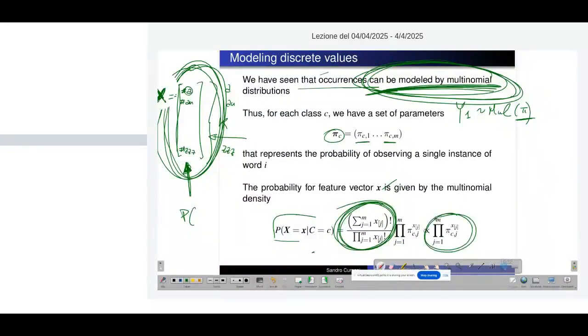If we have two models where the likelihood of one model is proportional to the likelihood of the second model, these two models from the point of view of inference are the same, because maximizing one with respect to the parameters is equivalent to maximizing the other. When we compute class conditional densities, they will all be scaled by the same constant that does not depend on the class, which means that also all the inference will be the same.